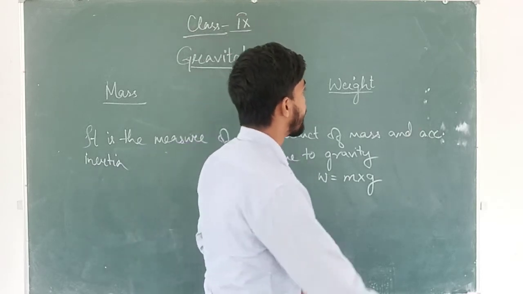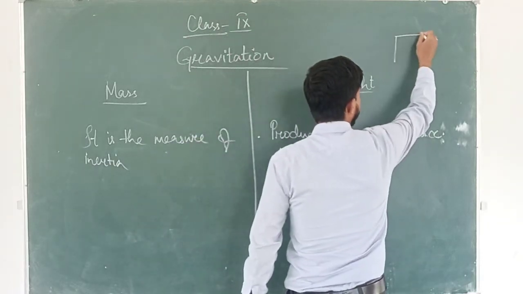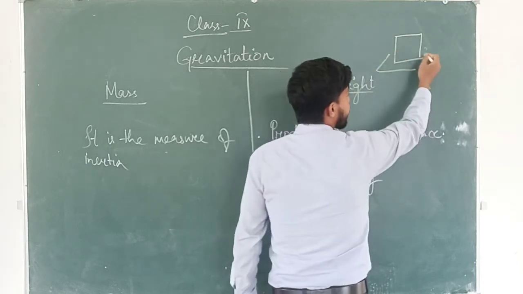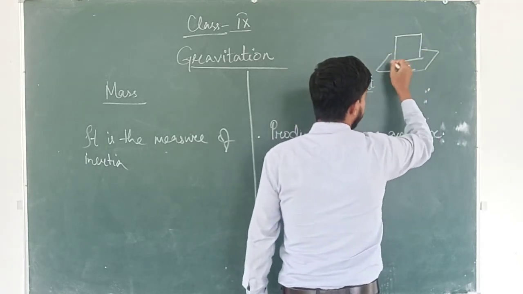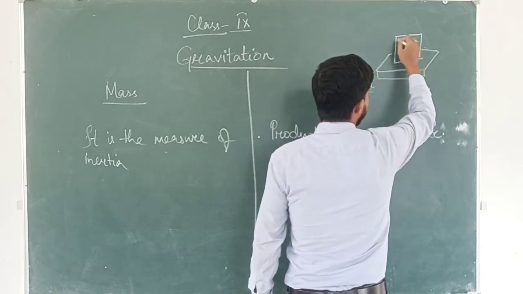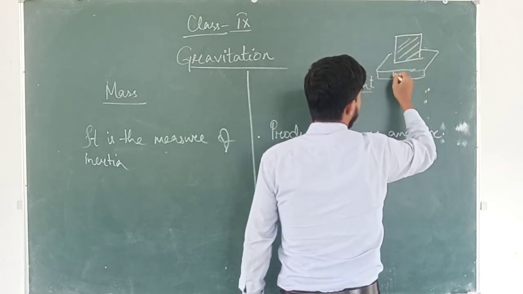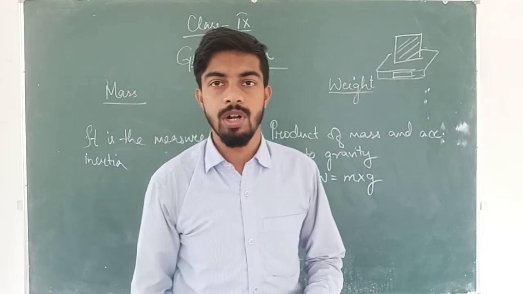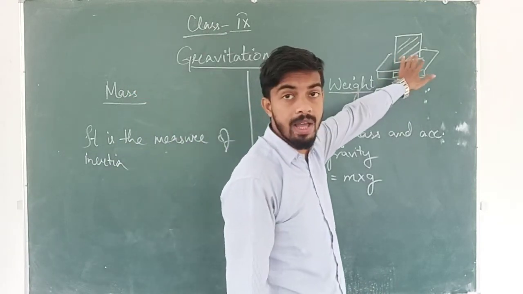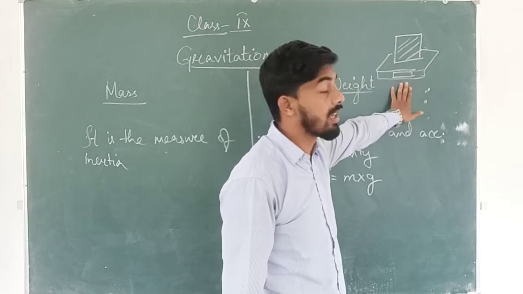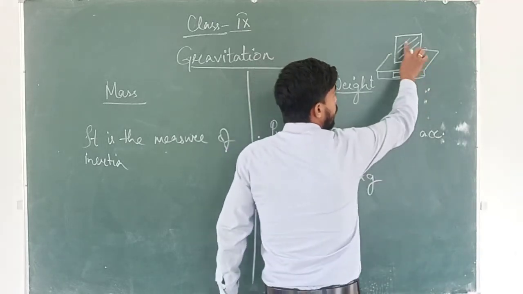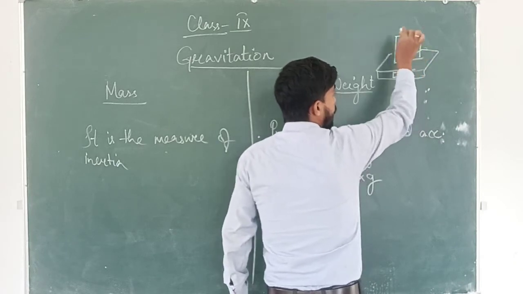For example, if we are measuring an object on a balance, we place the object onto the balance, and on the balance there comes the weight. First of all, there will be the mass of the object.